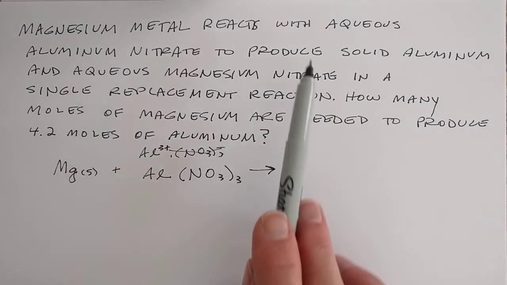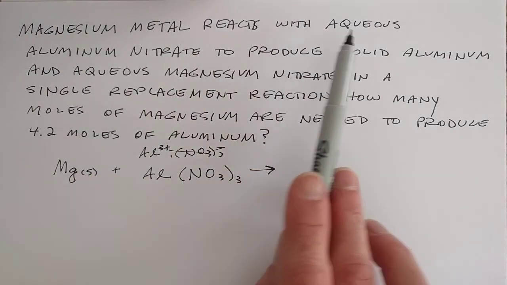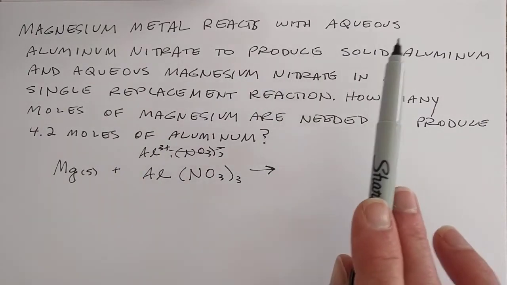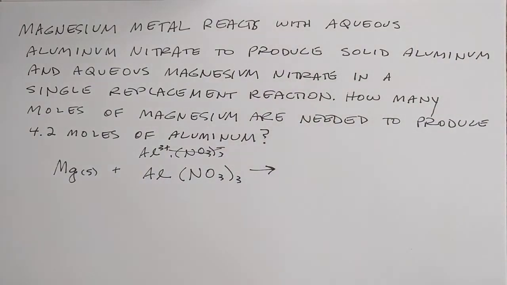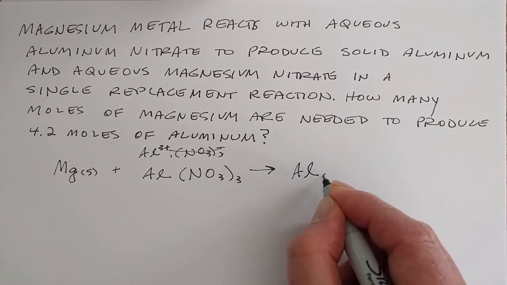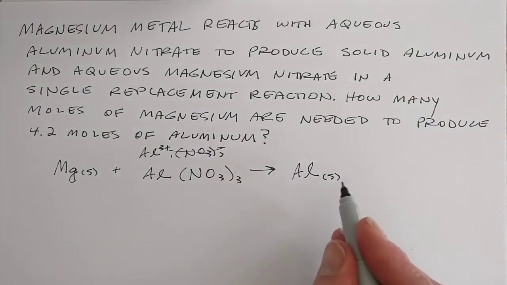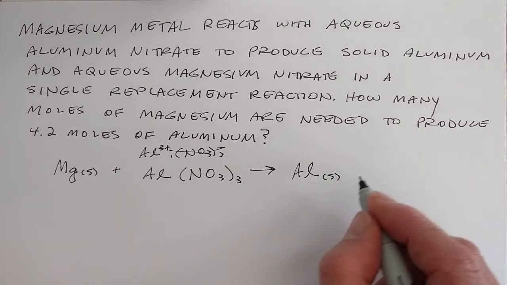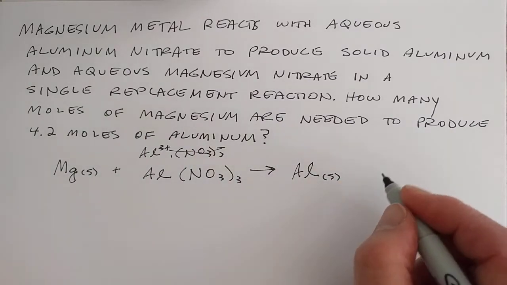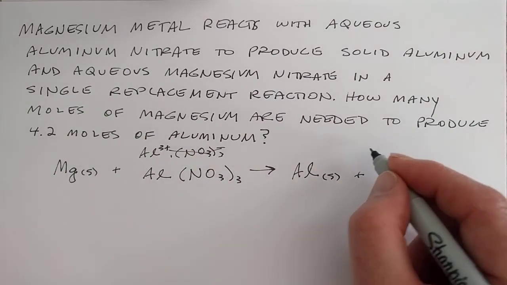All right, so magnesium metal reacts with aqueous aluminum nitrate to produce, yield sign, solid aluminum. So that is aluminum in its elemental state. It's not a Hofbrinkel, doesn't have a charge when it's in its elemental state, when it's by itself. Solid aluminum and aqueous magnesium nitrate.